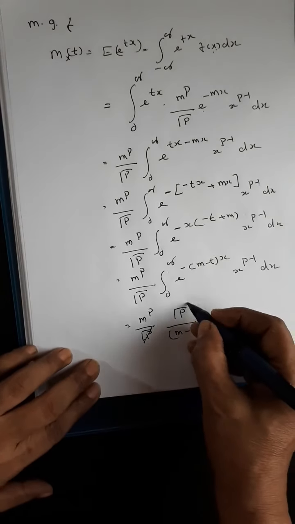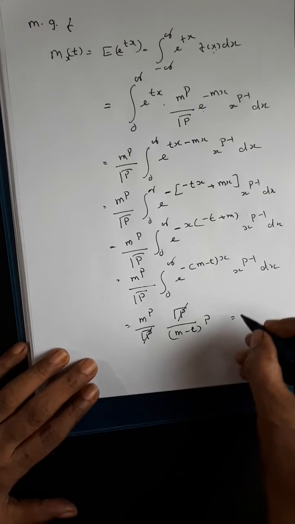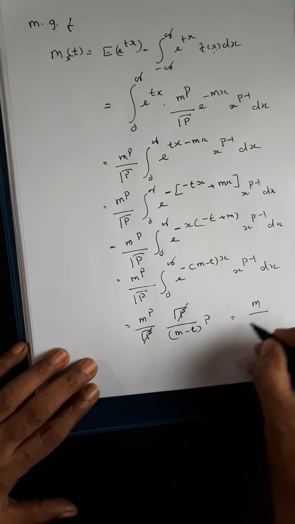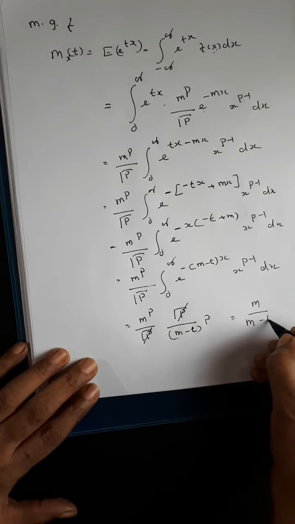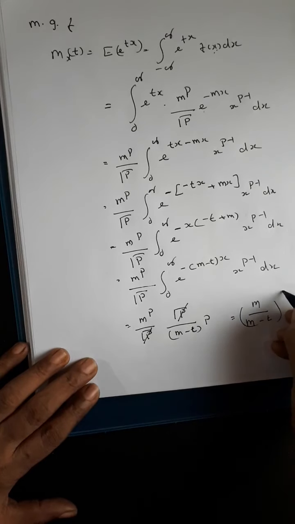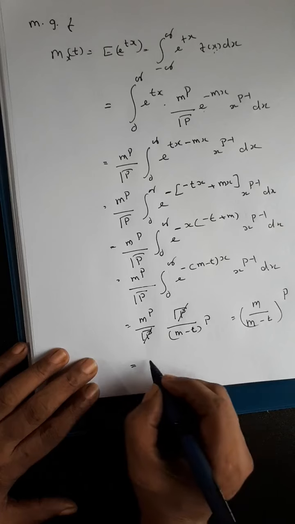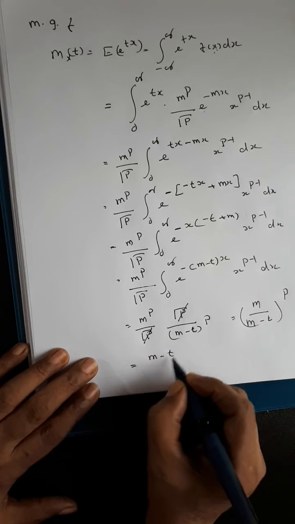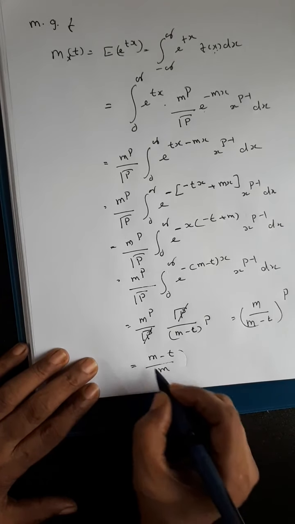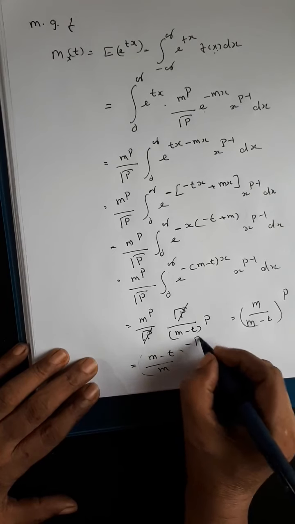Gamma p and gamma p get cancelled, so we have m by m minus t all raised to p, which is again equal to m minus t by m all raised to minus p.